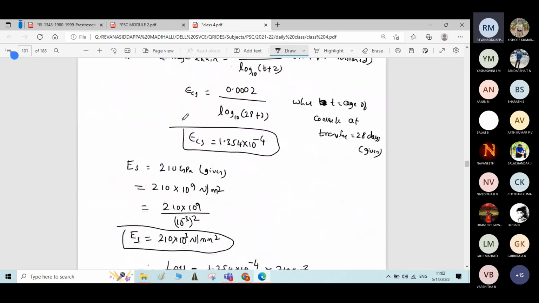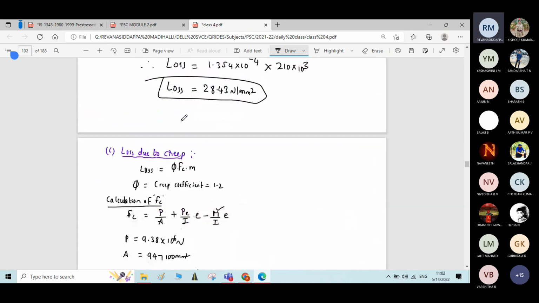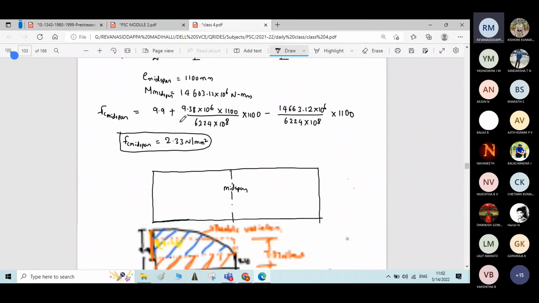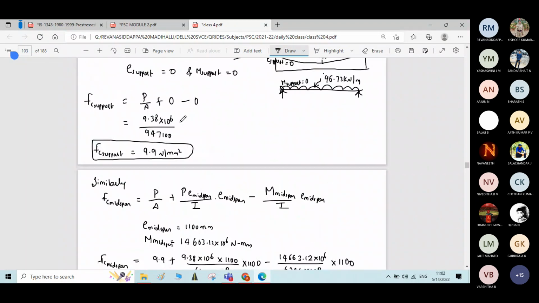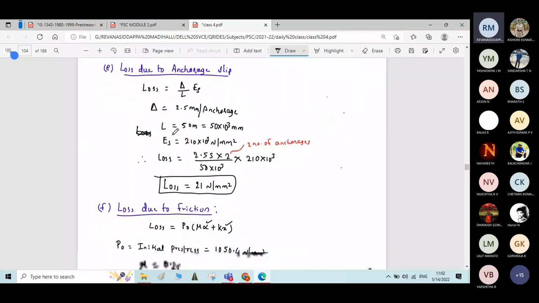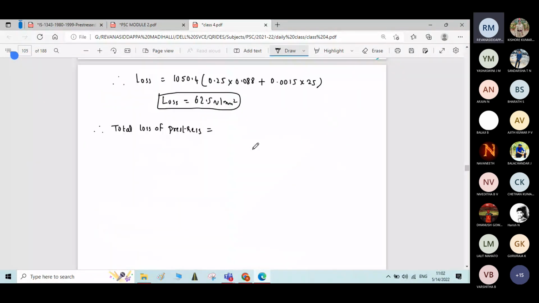There is no loss due to elastic deformation, loss due to shrinkage is 28.43, plus 48.64 plus 21 plus 21 plus lastly 62.5.